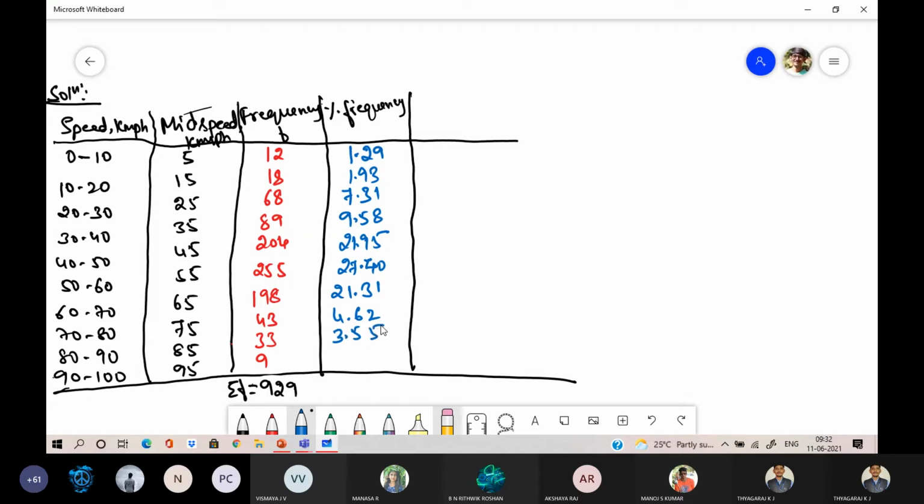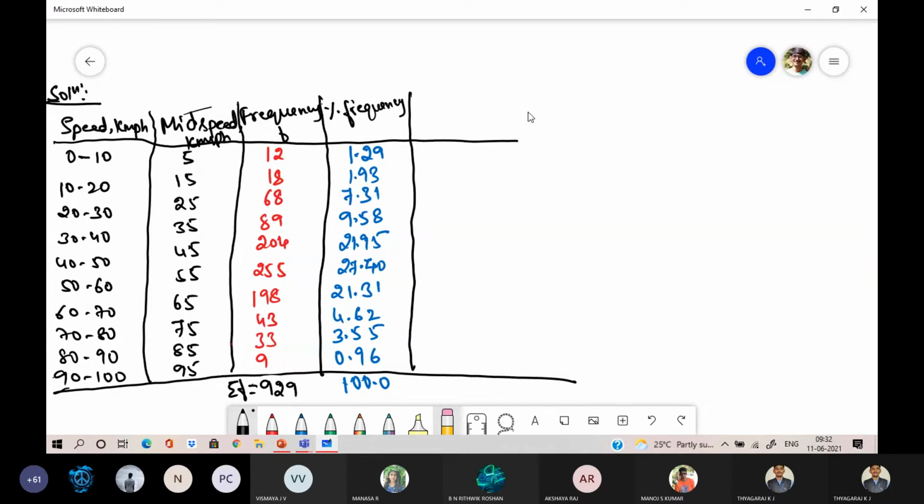Then 9 divided by 929 into 100: 0.96. Check whether you are getting 100 by adding all these. If it is approximately 100, simply write it as 100.